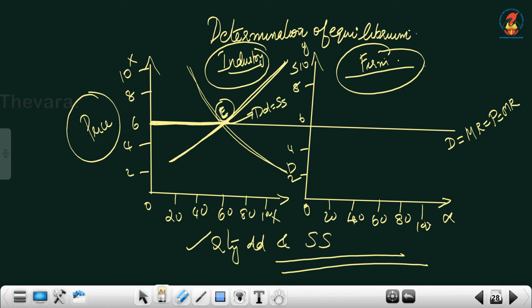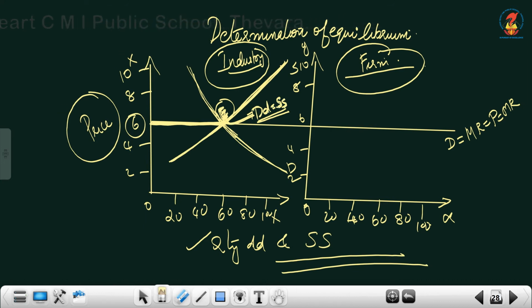That is why I have written here E. E means equilibrium. What is equilibrium? The point where both the variables get equalized. Here the two variables are demand and supply. So here the supply curve and the demand curve intersect at point E, where industry has fixed the price as 6. Therefore at point E we can say demand is equal to supply.